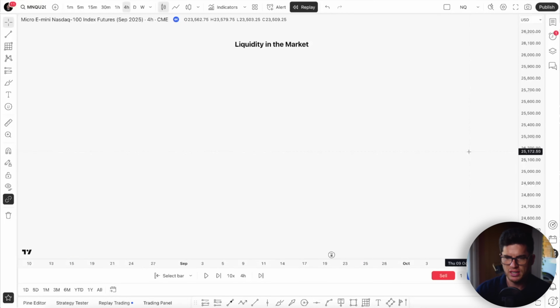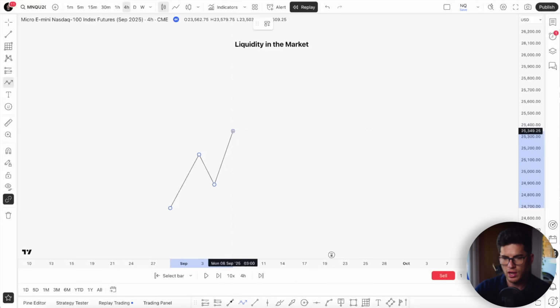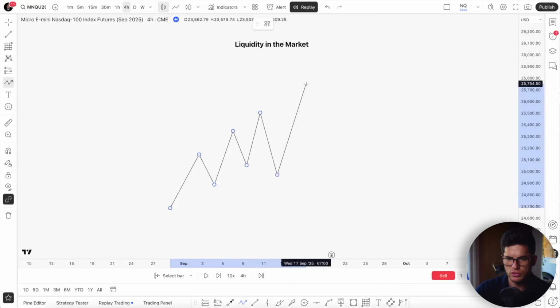The second element is identifying liquidity in the market. So we'll use our pathway tool once more and identify a trending higher time frame market, which is higher highs and higher lows. But we know that the market doesn't simply just work in higher highs and higher lows. The market likes to take liquidity. So in a bullish market, we have sell side liquidity where the market drives beneath a previous structural low before continuing to the upside.